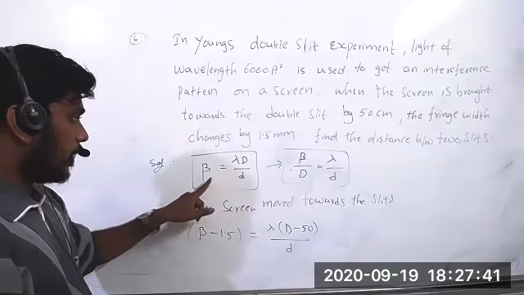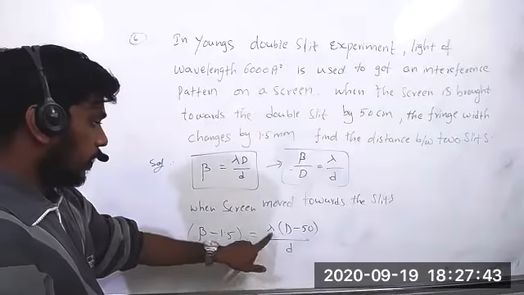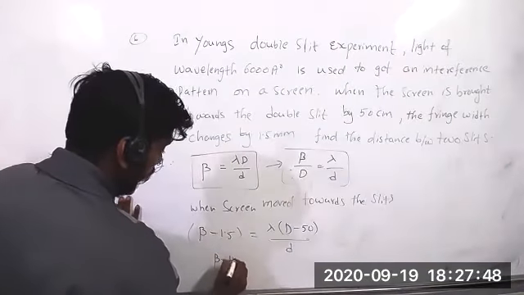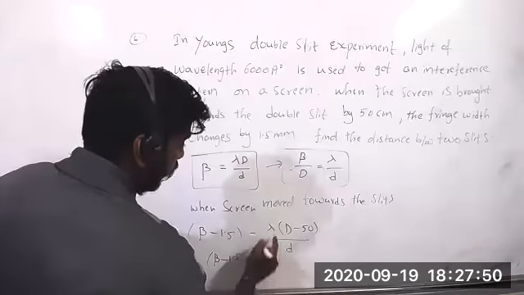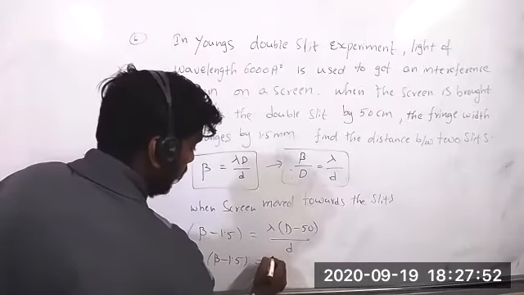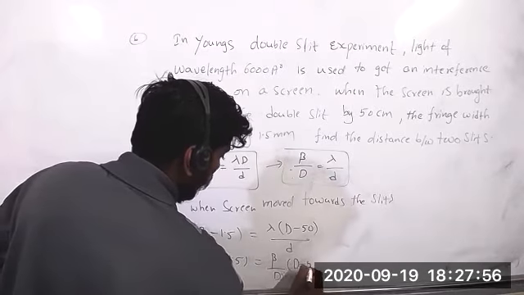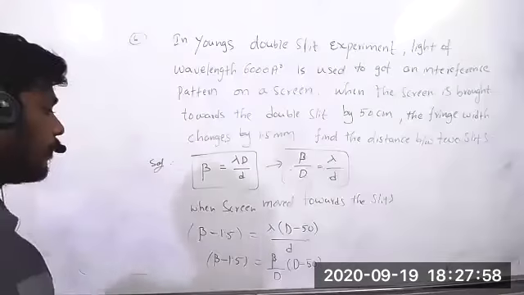Just send capital D to this side. So here we can place beta minus 1.5 equal to lambda by d, and in place of lambda by d we can write beta by capital D, D minus 50. We can write like that.